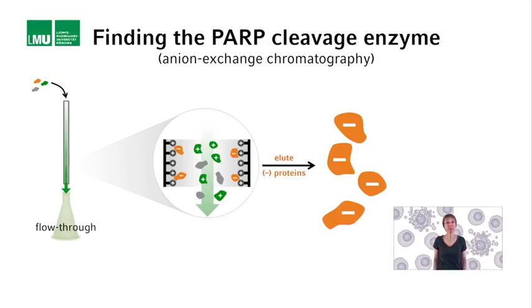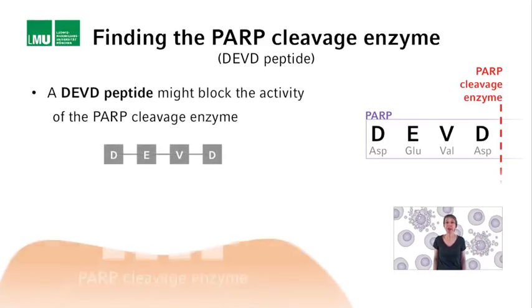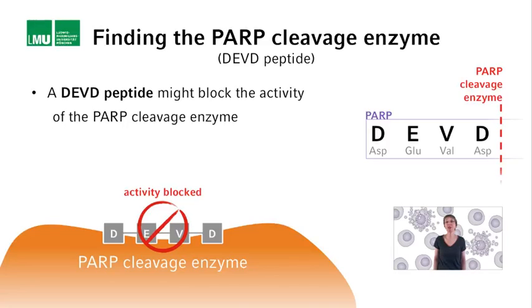As a next step, they did something really clever. Remember that the amino acid sequence around the PARP cleavage site is DEVD, the four amino acids, aspartic acid, glutamic acid, valine, and aspartic acid. They thought that a DEVD peptide, when added to the cell lysate, might block the ability of the PARP cleavage enzyme to cleave PARP.